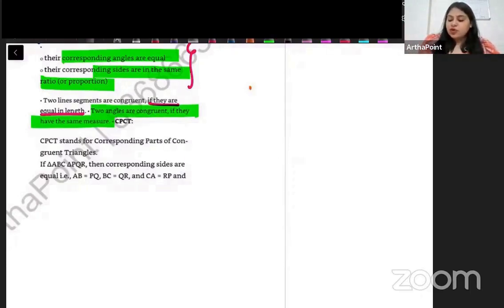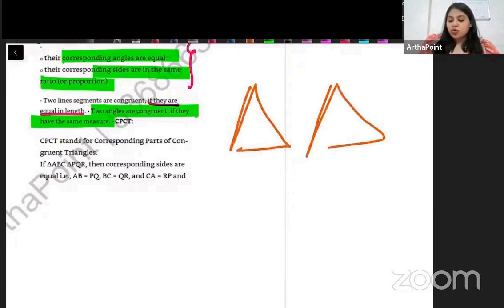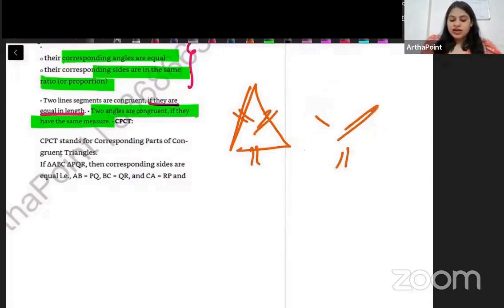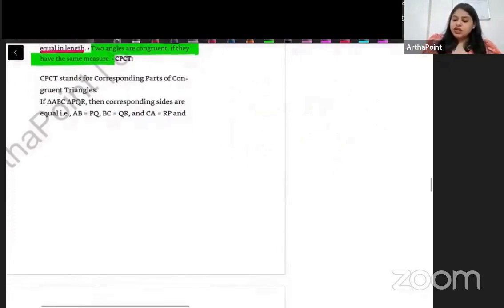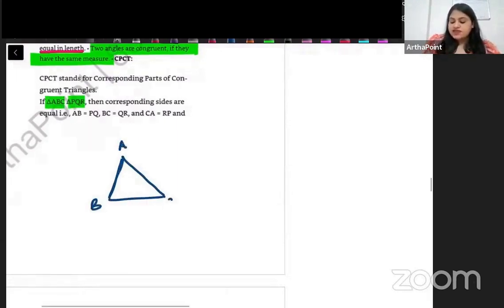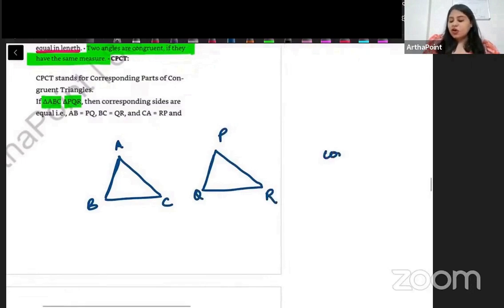So if I have two triangles which are congruent, then corresponding parts of the two triangles should be equal to each other. Let us take an example. Let's say that triangle ABC and PQR are congruent.